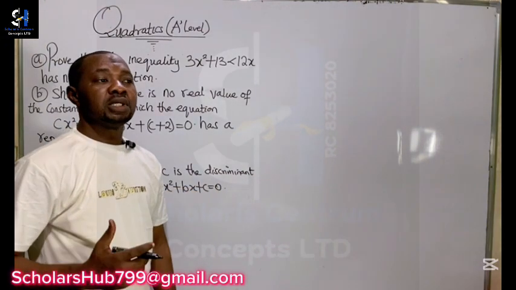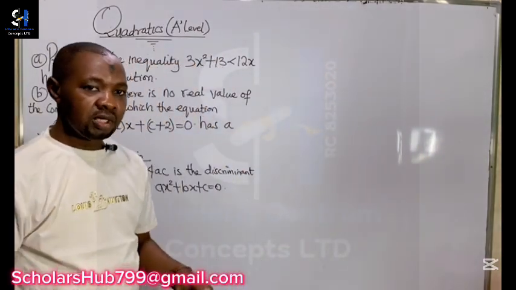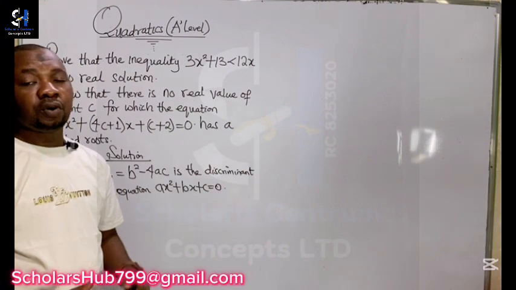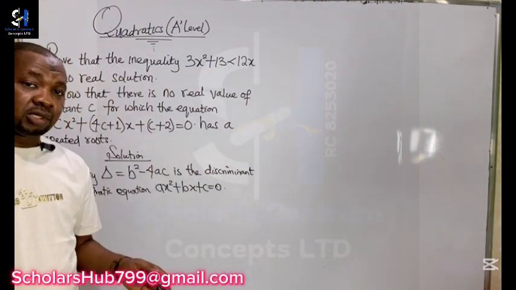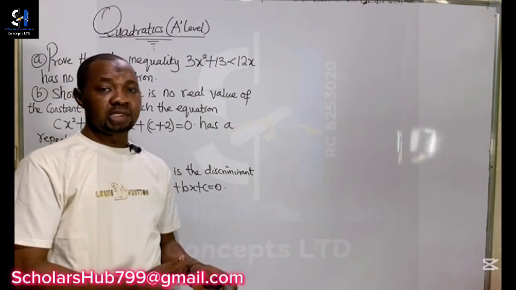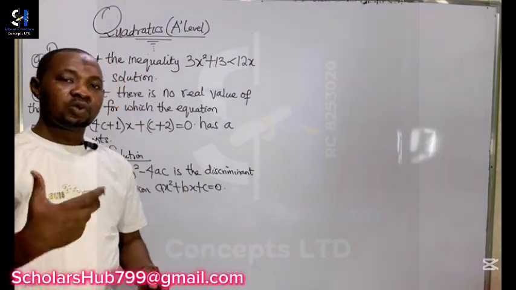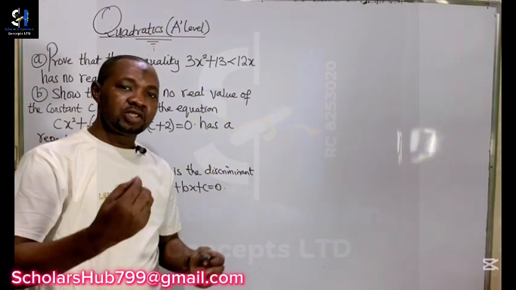And you know, the type of root that a quadratic equation has depends on the value of the discriminant. So there are three different cases. When the value of the discriminant is positive, the associated quadratic equation will have two distinct real roots.